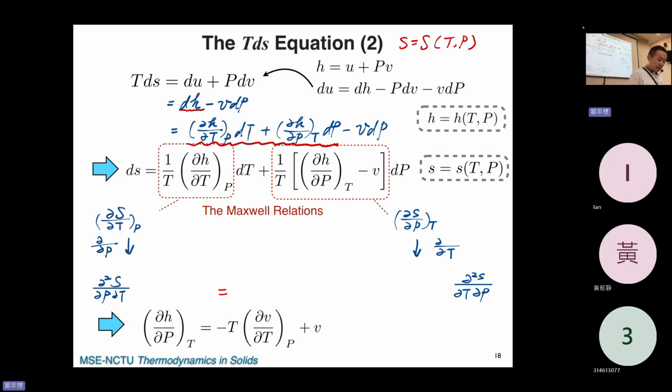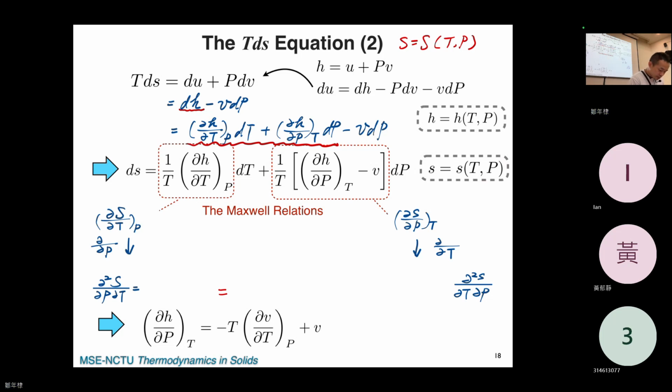And the point is, all we need to do is take the partial P of this one and the partial T of that one. We can obtain more information based on the Maxwell relationship.